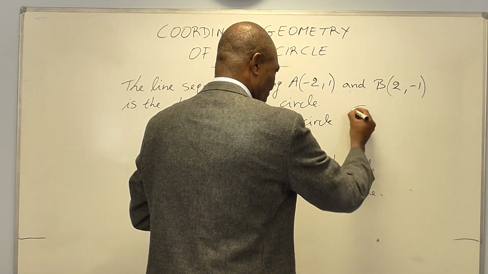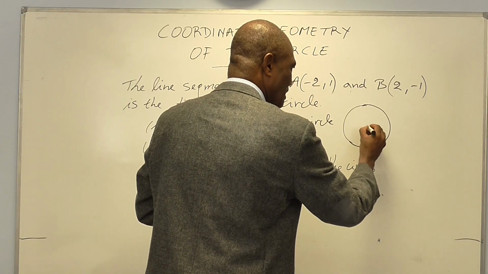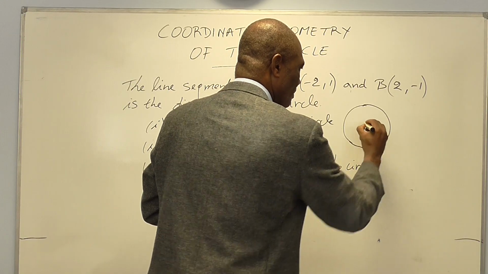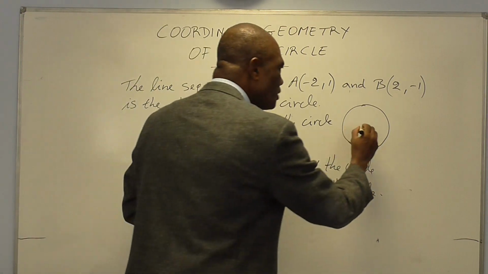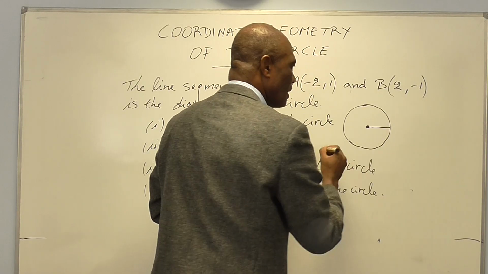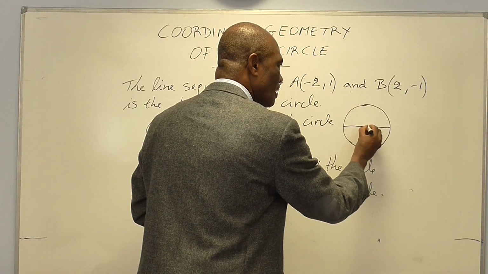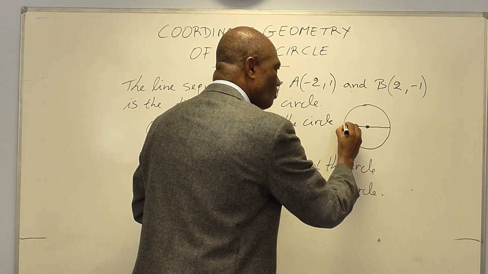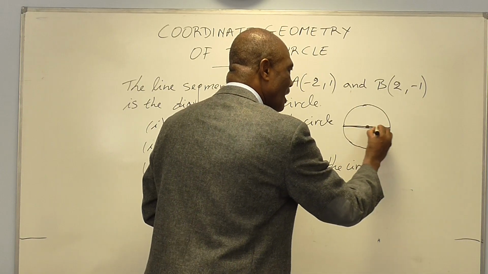This is a circle. The center is there. If the center is there, the radius is this, and the radius is also from here to there, but the distance from here to there is the diameter.